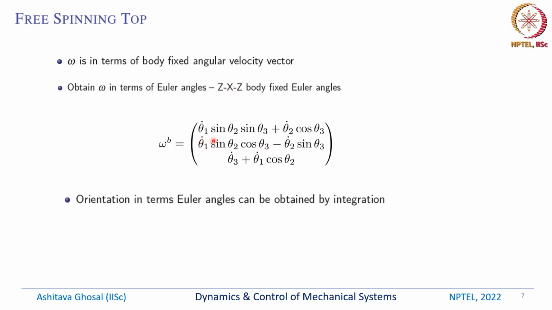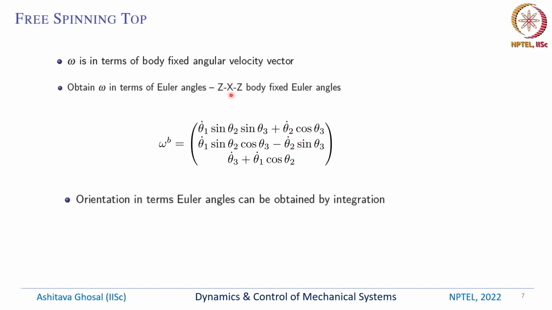The x component is theta 1 dot sine theta 2 sine theta 3 plus theta 2 dot cos theta 3, the y component is theta 1 dot sine theta 2 cos theta 3 minus theta 2 dot sine theta 3, and the z component is theta 3 dot plus theta 1 dot cos theta 2.